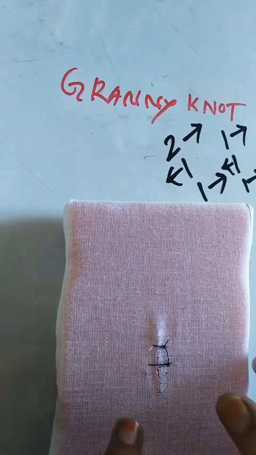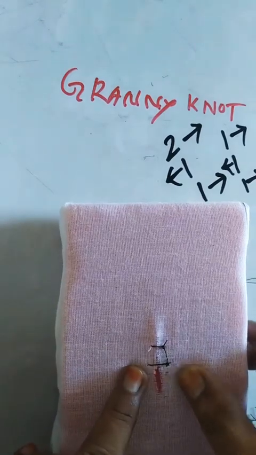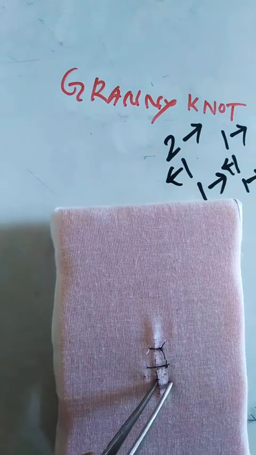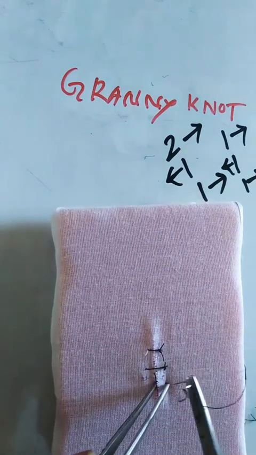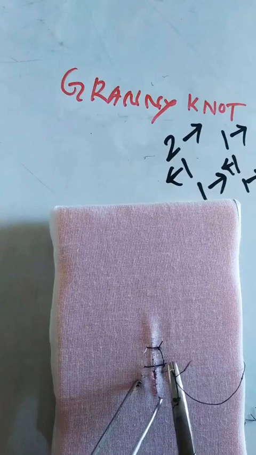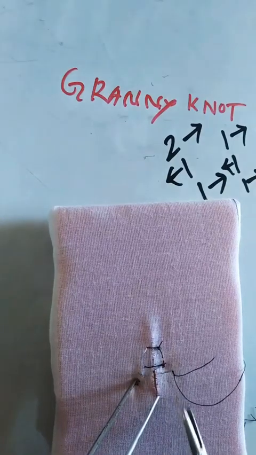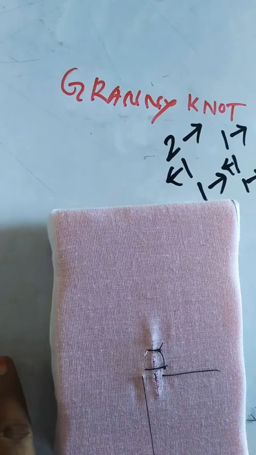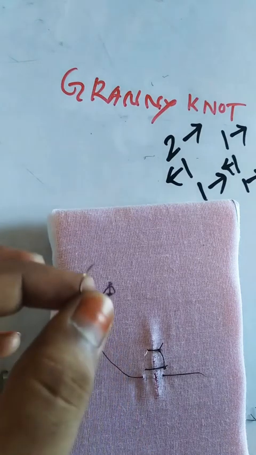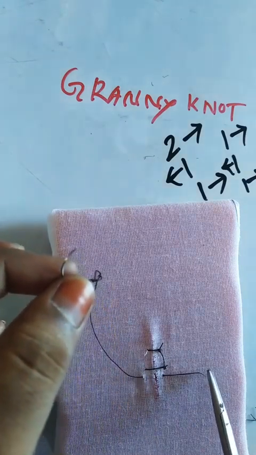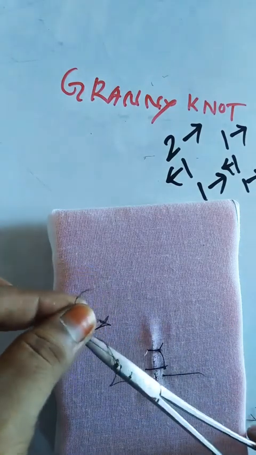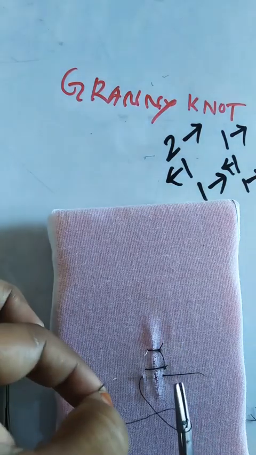Now we'll see the granny knot. There is the incision site. I will hold with the tissue holding forceps. I will pass the needle perpendicular to the tissues, and I will pull through the tissues. So there is a long end and a short end. The first tie should be made in clockwise direction with 1 throw.